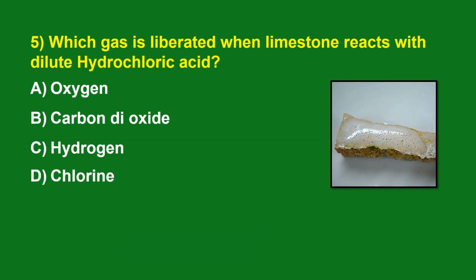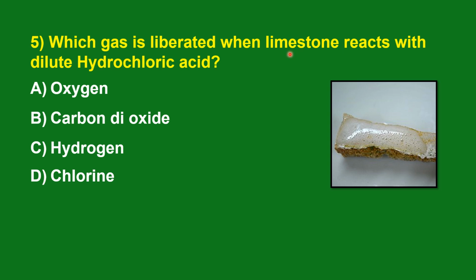Question number 5. Which gas is liberated when limestone reacts with dilute hydrochloric acid? Dear students, limestone is made up of calcium carbonate. Not only limestone, it may be a piece of chalk, or marble, or the shell of a chick.